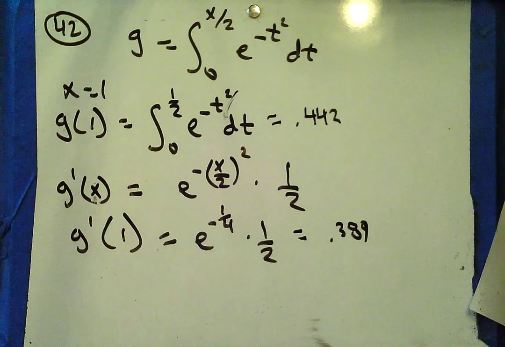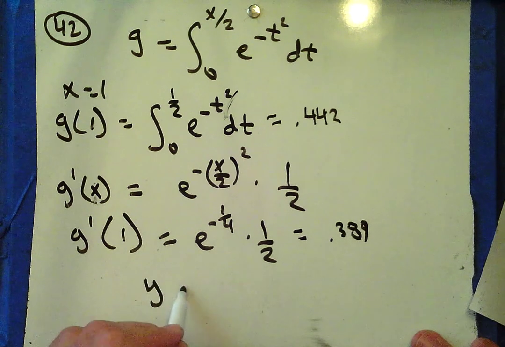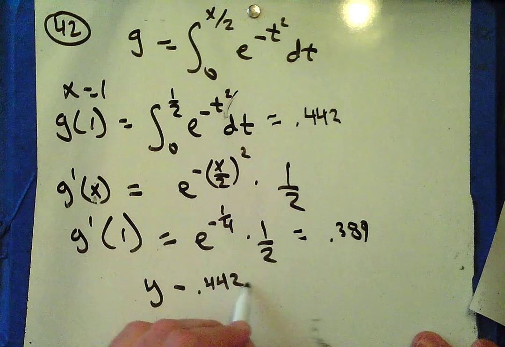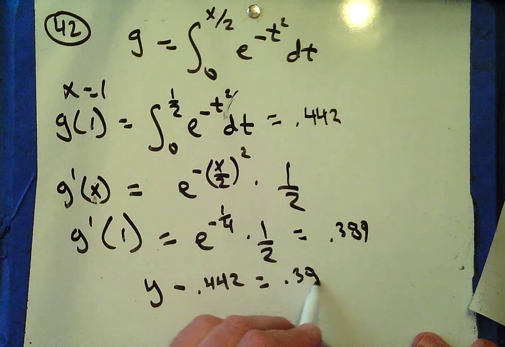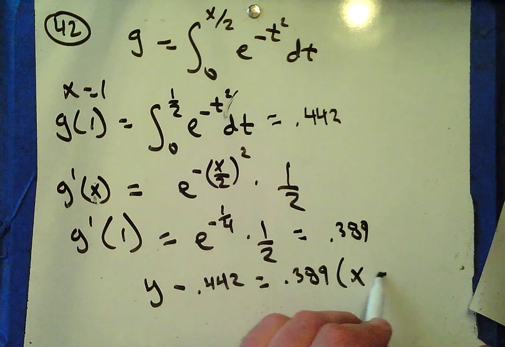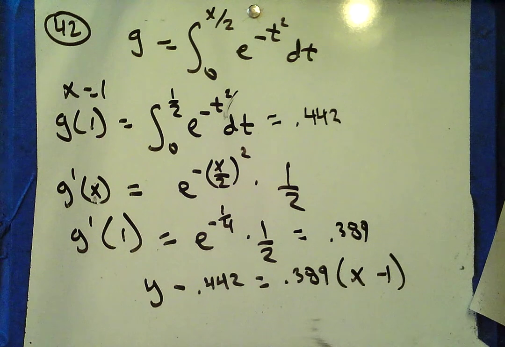Okay, and what am I looking for? The equation of that line. So y minus 0.442 equals 0.389 times (x minus 1). Well, that looks like choice C to me.